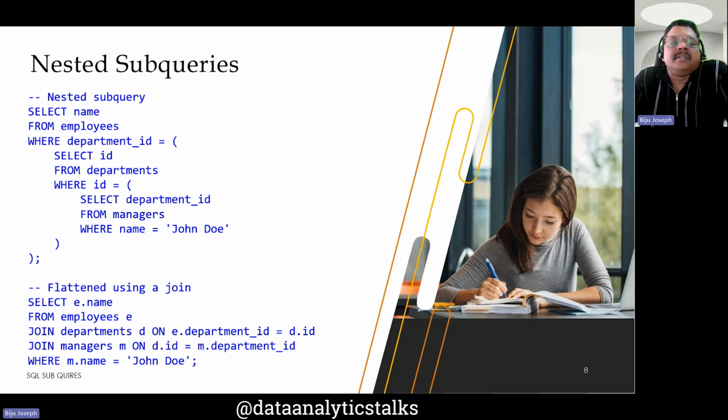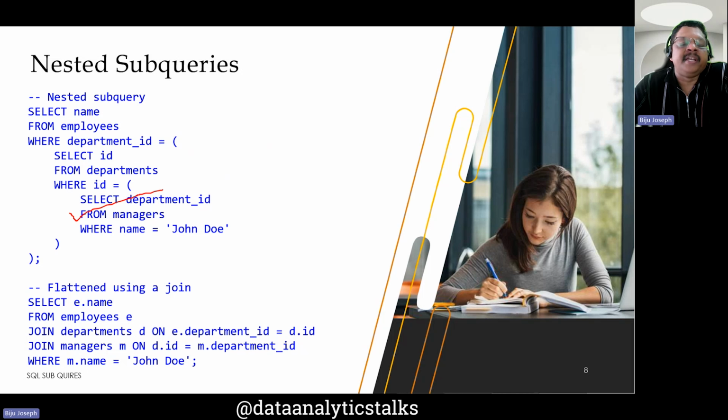Another important concept in subqueries is the nested subquery. So what is a nested subquery? Nested subqueries are subqueries within subqueries. Subqueries are queries within queries, and nested subqueries are subqueries within subqueries. Here you can see that we are getting all the employees who belong to the departments whose manager is John Doe.